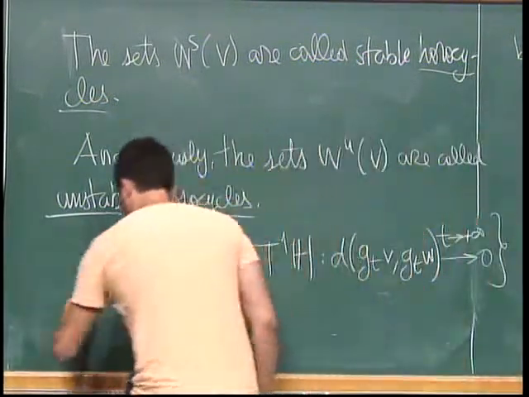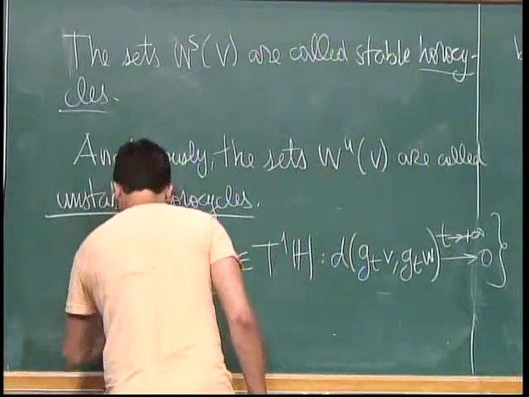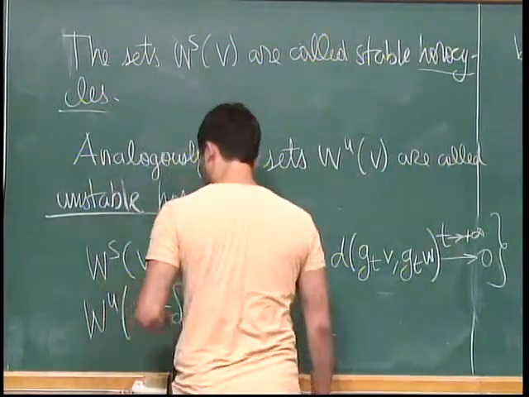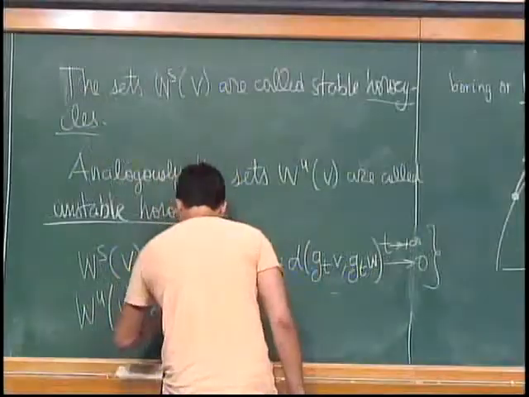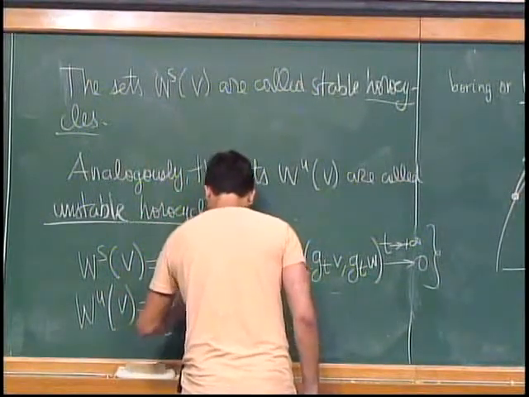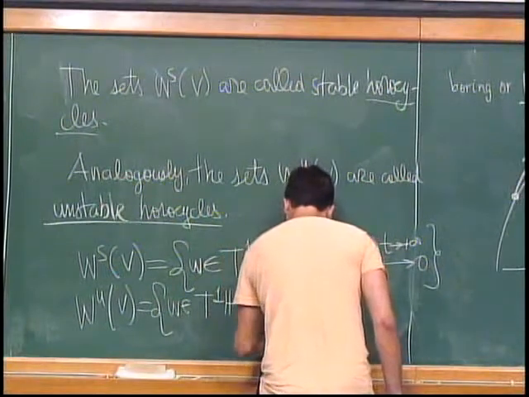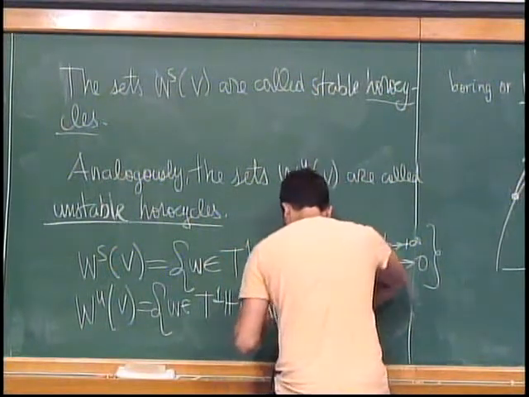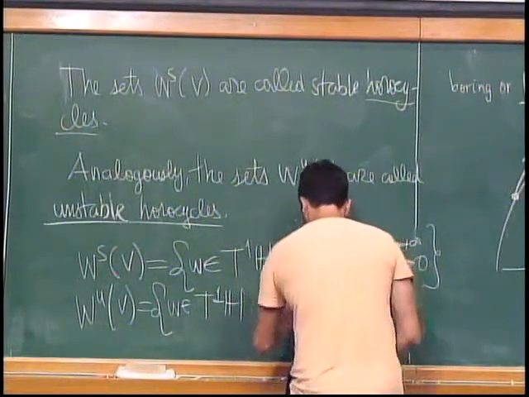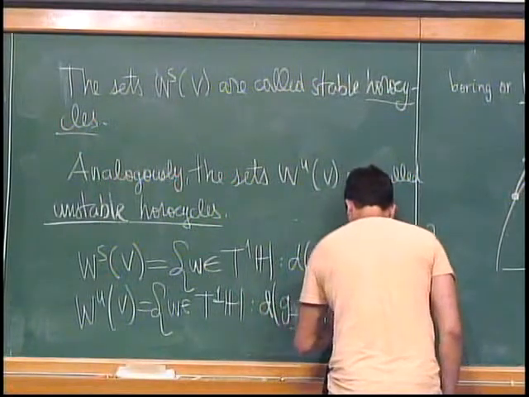And analogously, the unstable horocycle is defined by the vectors which have unit length, but for which the distance goes to 0 if you look at the past.